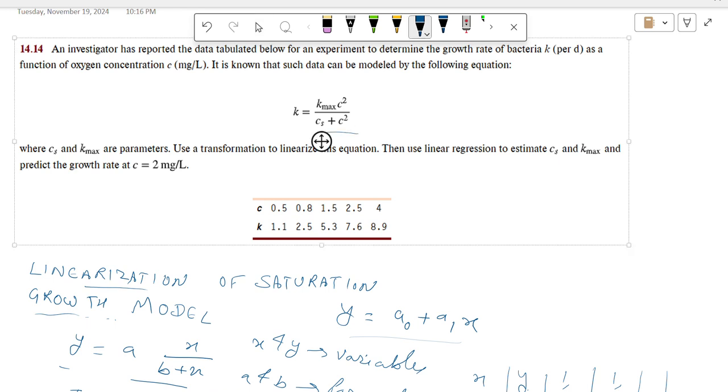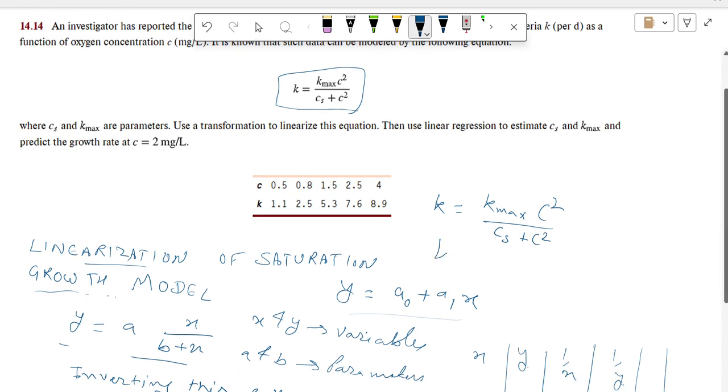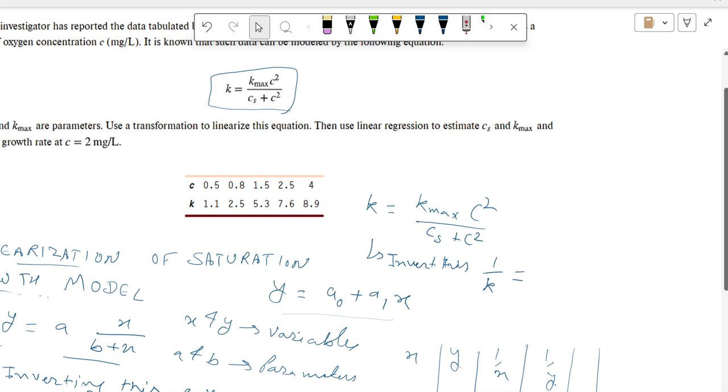If I look at this function, k = k_max c² / (cs + c²), and if I invert this, what I'm getting is 1/k = (cs/k_max) times 1/c², plus 1/k_max.